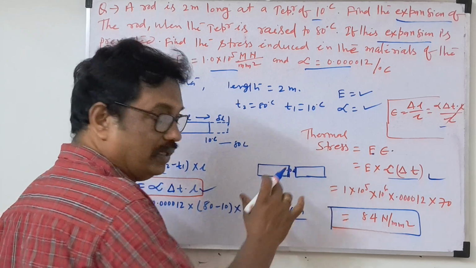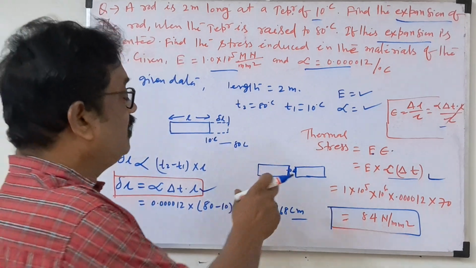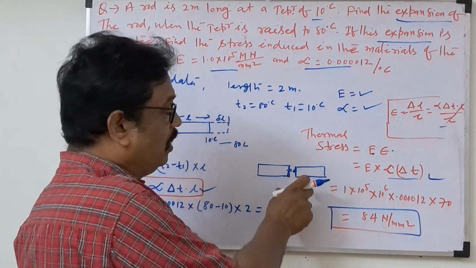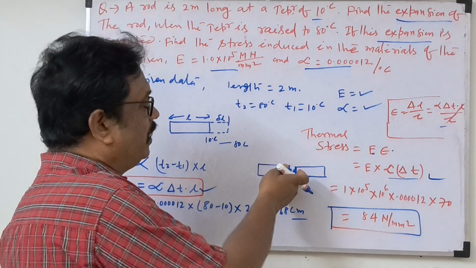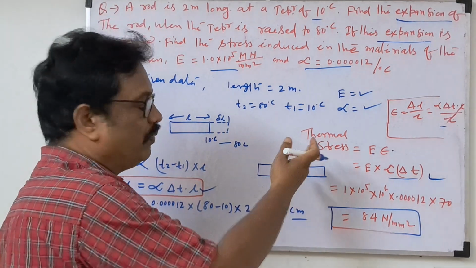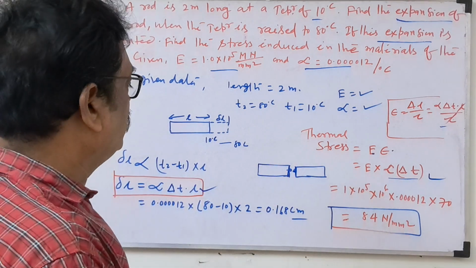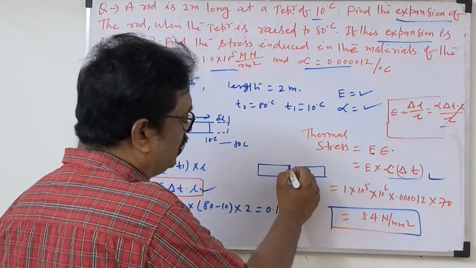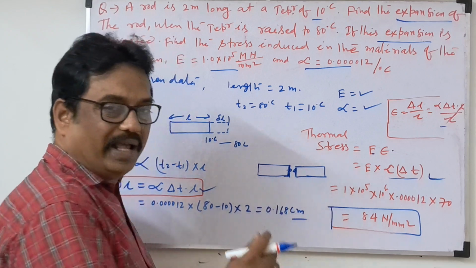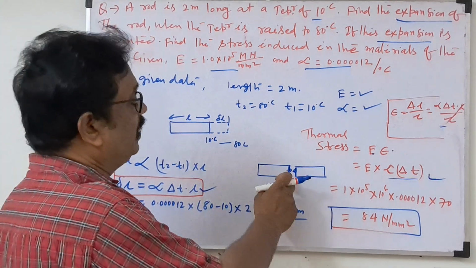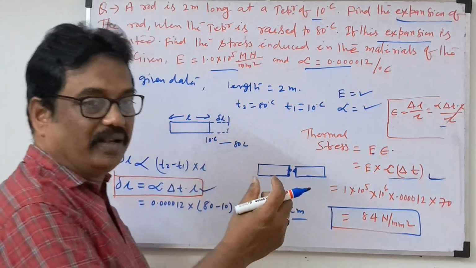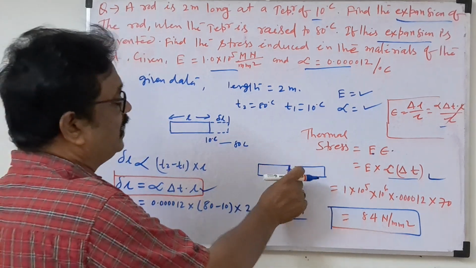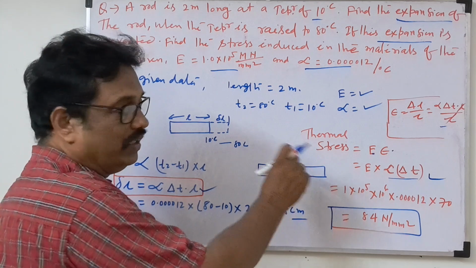For that only they keep the gap, so that thermal stresses should not develop more. If thermal stresses develop more, anything may happen: the track may bend, an accident may happen, the track may get damaged, a lot of things. That's why you always see some gap between two tracks, to avoid thermal stresses. Because once there is heat, definitely the length will change. That's why they give the gap.